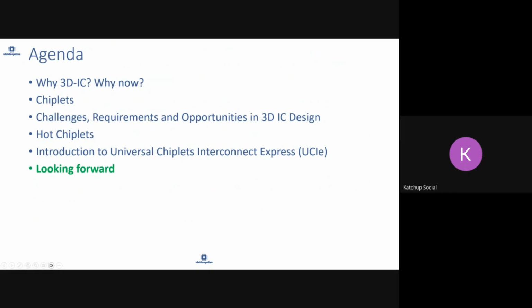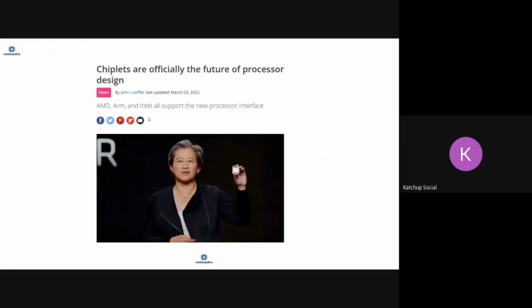Looking forward, what is the future of this kind of technology? Getting into lower nodes and designing monolithic SoCs is becoming very expensive. That's why a lot of companies are adopting it. For example, NVIDIA, AMD, ARM, all are supporting these new processor interfaces.